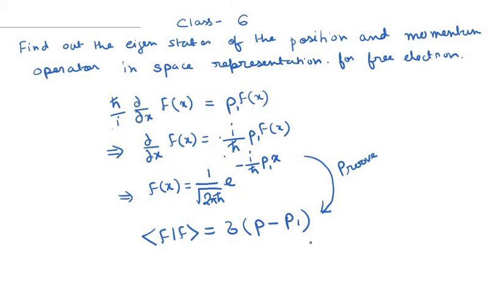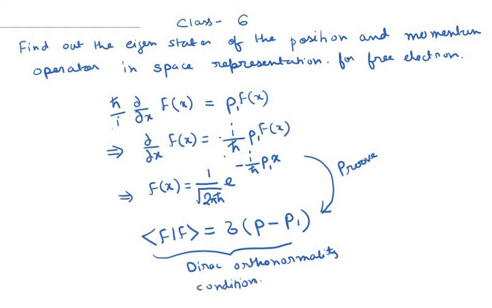This condition is known as Dirac's orthonormality condition. When the electron is free, we cannot normalize the wave function, but we can make it obey the Dirac orthonormality condition.